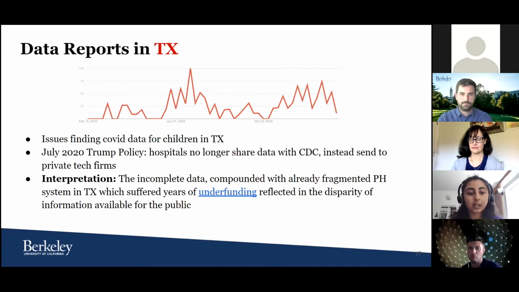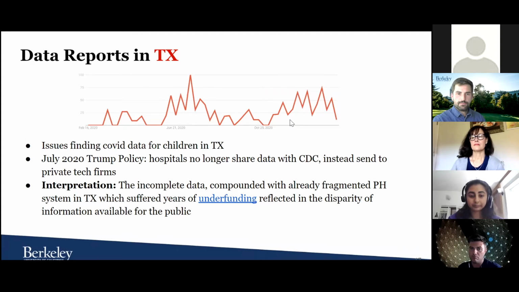We found that it was because of a new Trump policy in July 2020, which is around when this peak in Google search interest over time occurs, that hospitals in Texas and in the US in general were no longer obligated to share data with the CDC. And so this deeply fragmented the information that we had available.